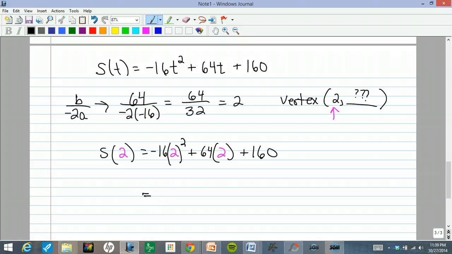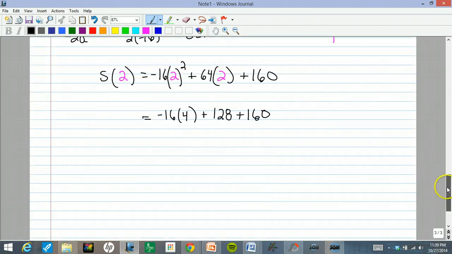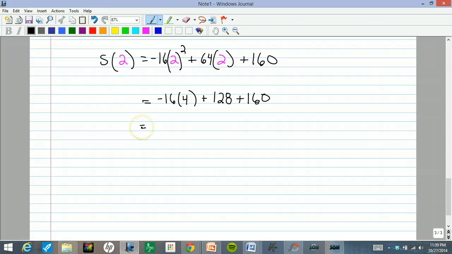Alright, this is negative 16 times 4 plus 128 plus 160, and distributive property, negative 64 plus 128 plus 160, which all works out to be, well, I'll take care of this.